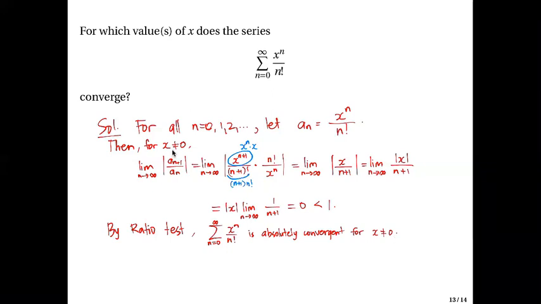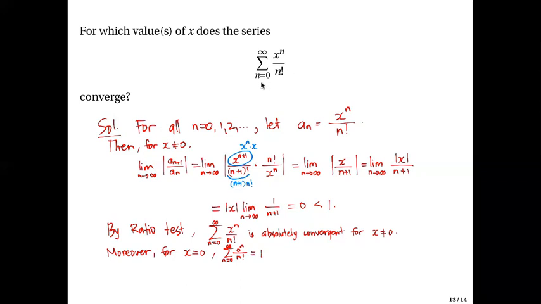Definitely, when x equals 0, this is just the sum of 0 to the n over n factorial, n from 0 to plus infinity. But this is just equal to 1.